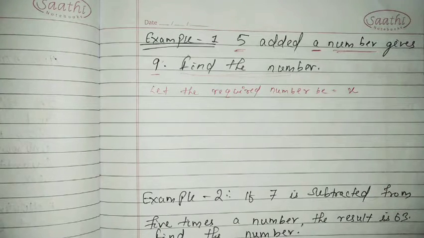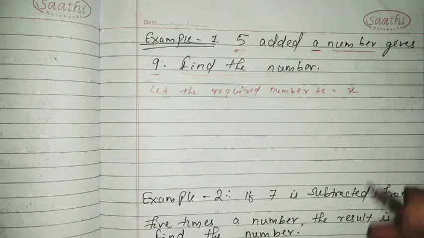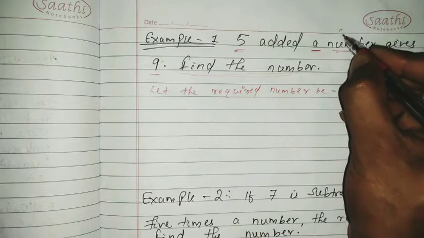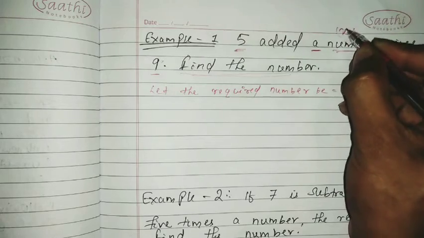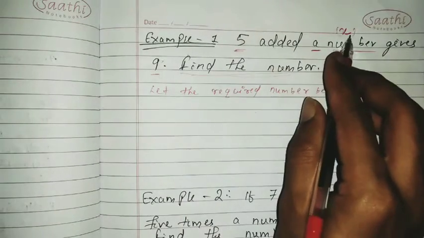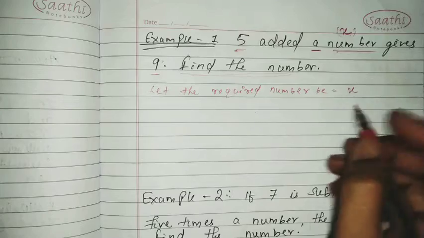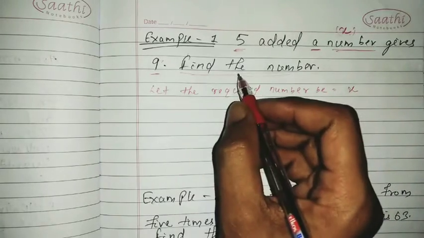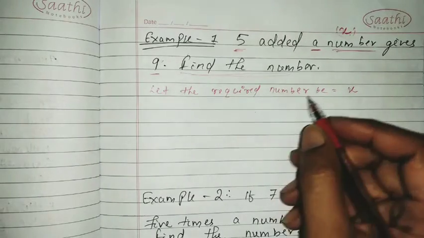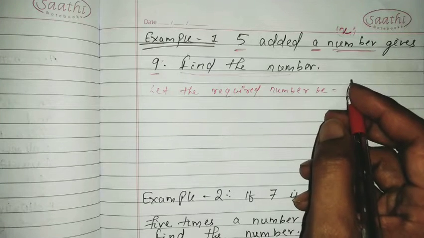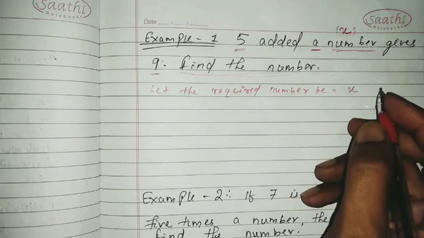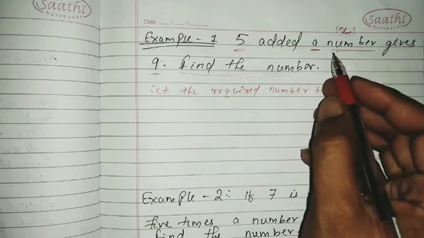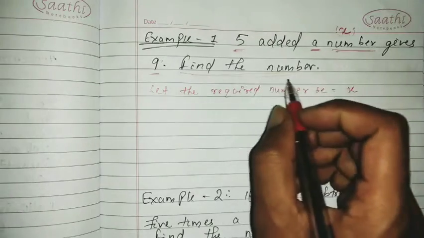We don't know what the number is, so we write it as x. Now 5 added to the number, x, gives 9. According to the condition given in the question, we have to form an equation.